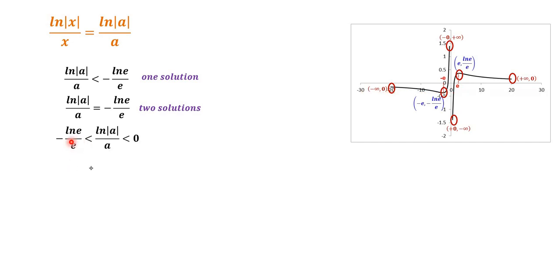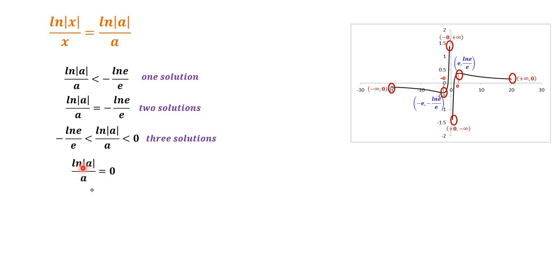When ln|a| over a is greater than negative ln e over e and smaller than 0, it's in this area, so there will be three intersections. One is on this side, the other is on this side, and the third one is on the positive side. So two negative ones and one positive one. So there will be three intersections and three solutions.